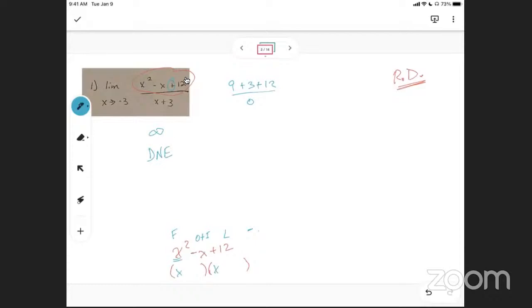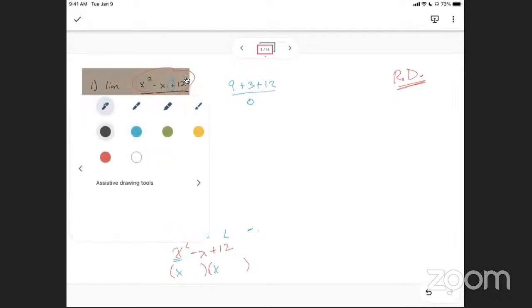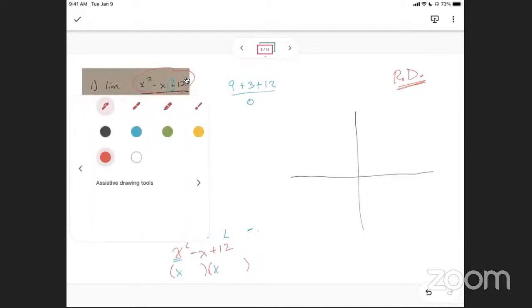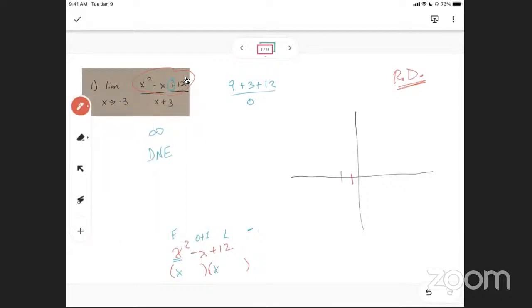Now, the reason is, you remember rational functions? Do you remember how we graphed rational functions? One of the things you would do is look at that denominator and say, oh wait, x can't equal -3. So you would draw a vertical asymptote at x equals -3, right here.